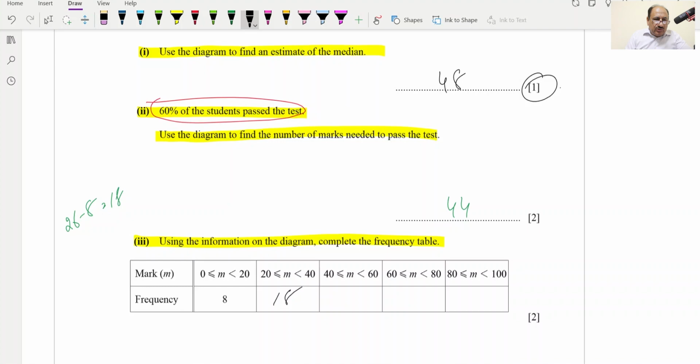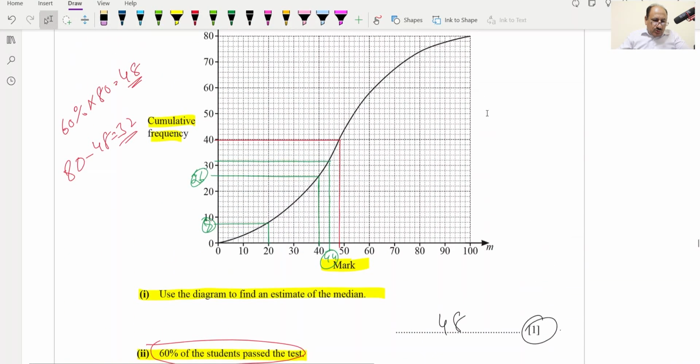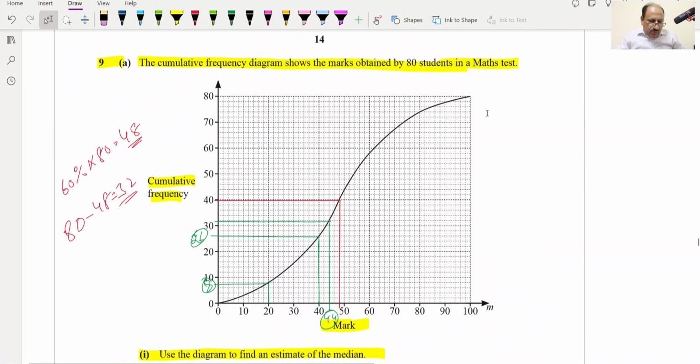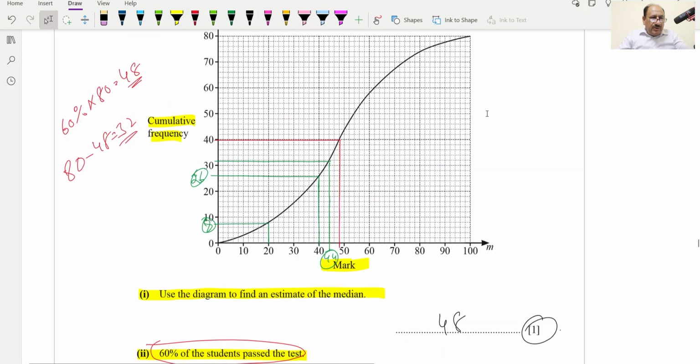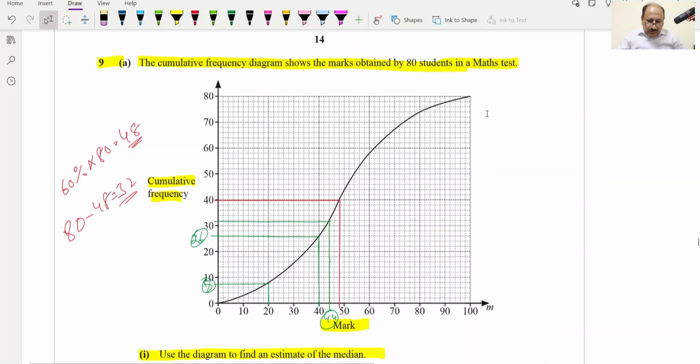And the next one is 40 to 60. We can take the line reference over here for 60, and this value will be 58.